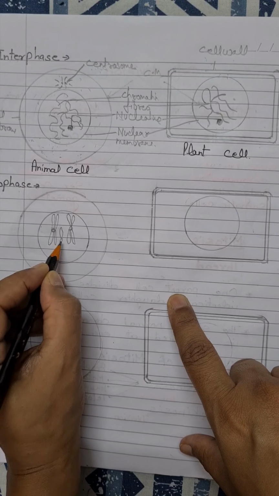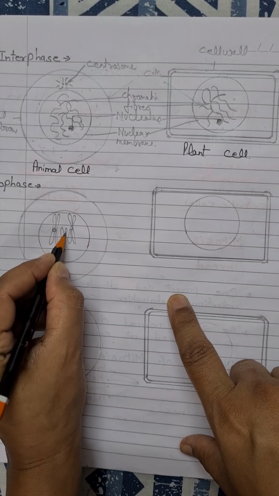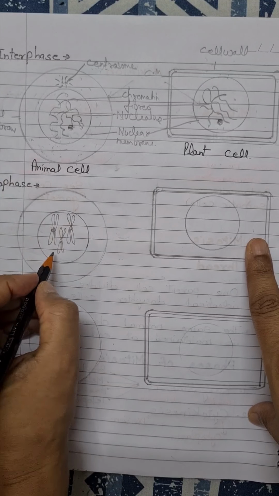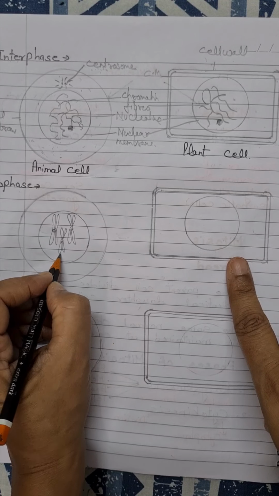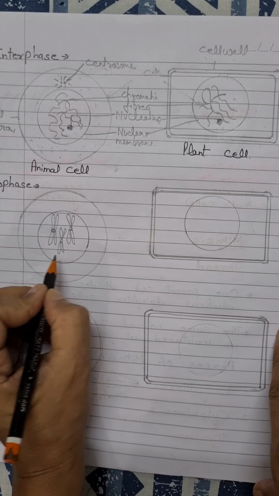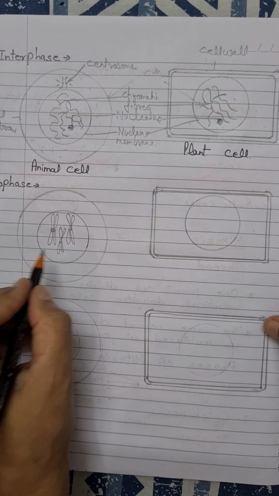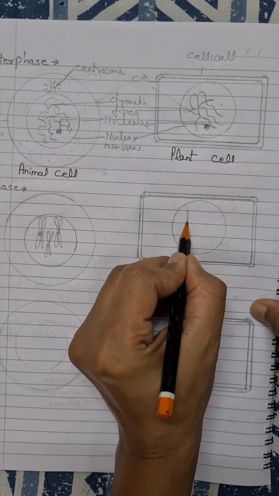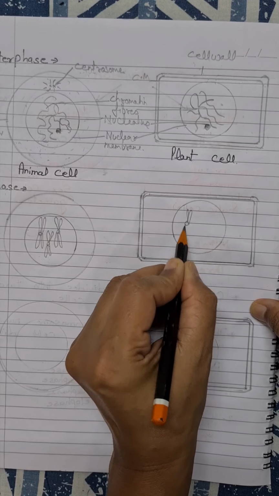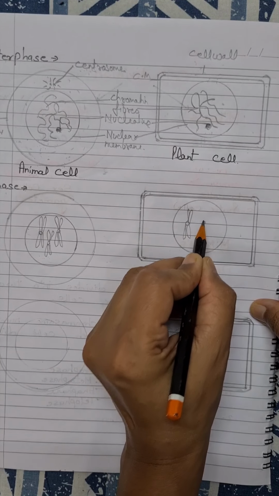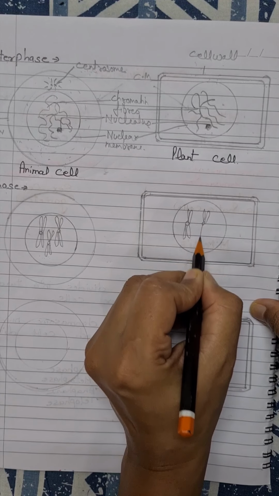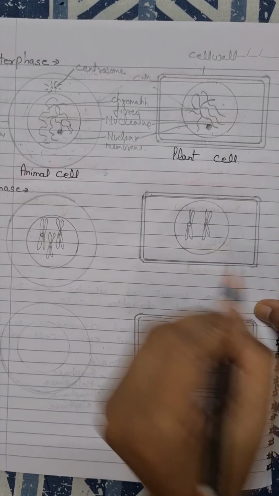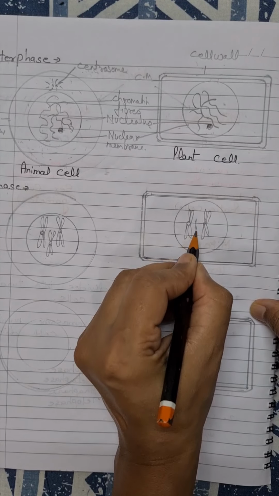So I am drawing 3 chromosomes here. The chromatin fibers become short and thick and clearly visible inside the nucleus. In the same way, in the plant cell also, the chromatin fibers condense to form short and thick, clearly visible chromosomes inside the nucleus.